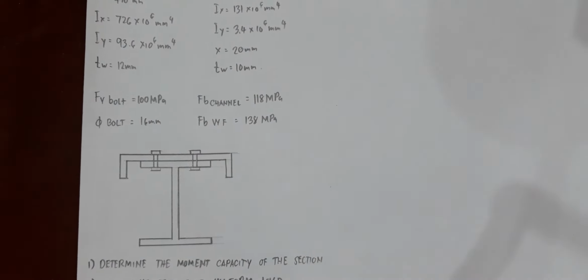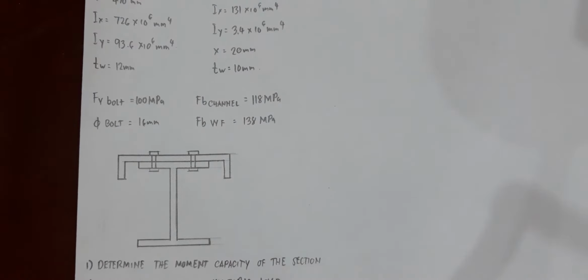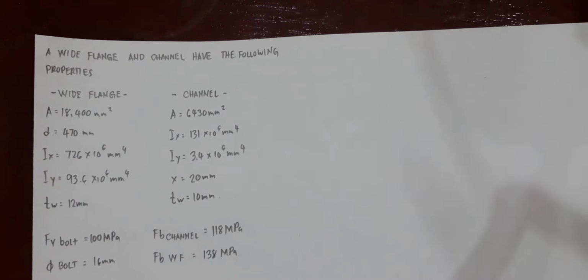Okay, so first is your moment capacity. When you say moment capacity, it is the maximum moment which the section could carry. So basically, for us to calculate the maximum moment that the section could carry, that would be based from your bending stress.